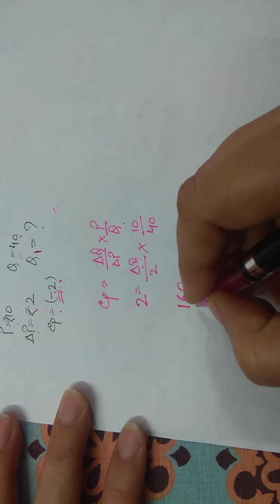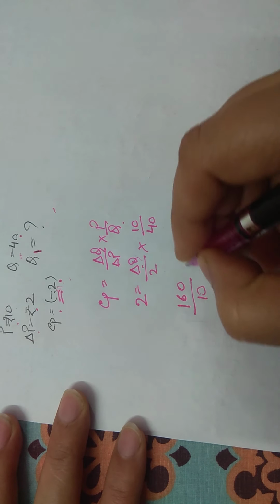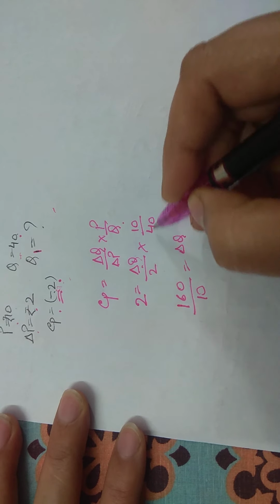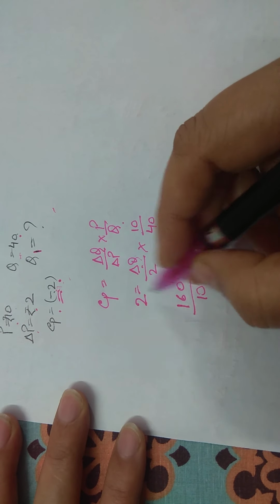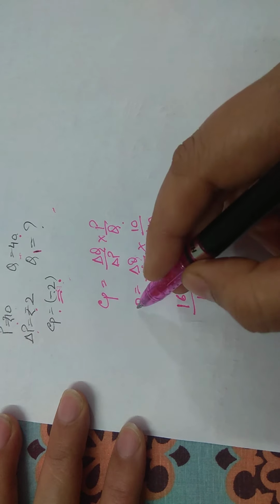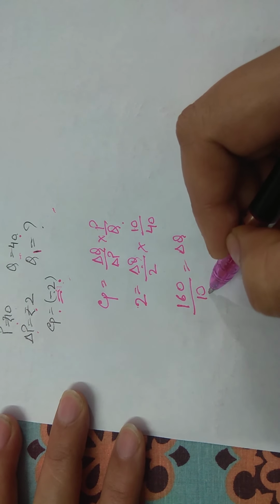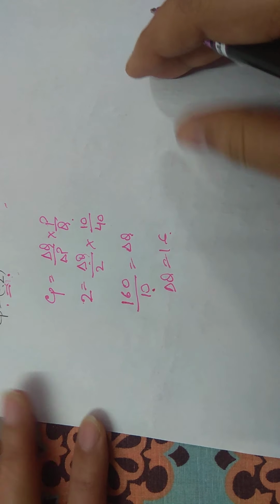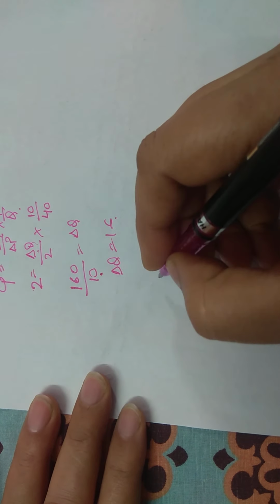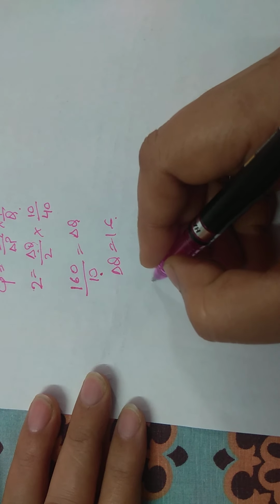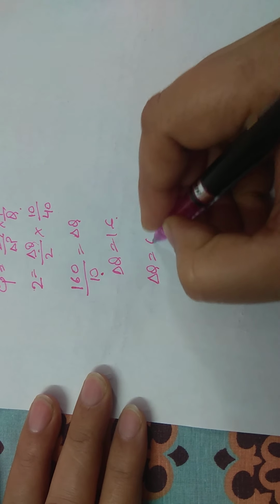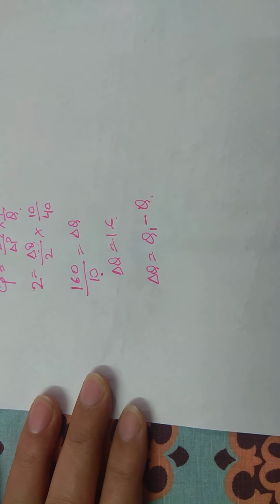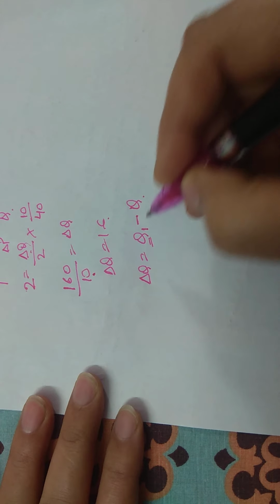This becomes 160 upon 10. 4 into 40 is 160, that is 80 into 2, 160. So when you cross multiply, this becomes 160 and this comes down, it becomes 160 upon 10. So delta Q is 16. Now, we know the formula of calculating delta Q. Delta Q is final quantity minus the initial quantity. We have to calculate the final quantity.